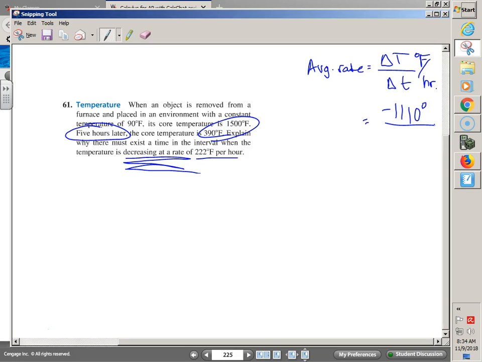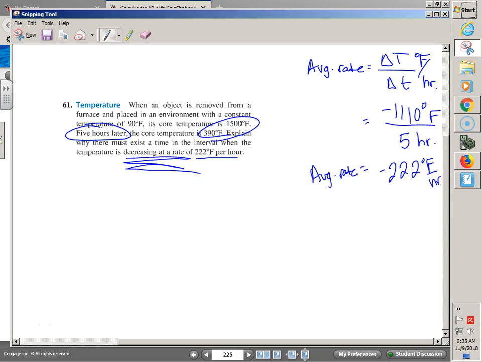So 390 is the final temperature, minus 1500 is the initial temperature, down 1110 degrees, over 5 hours. So let's divide. 5 into 11 is 2, and so on. They made this so that your average rate would be 222.